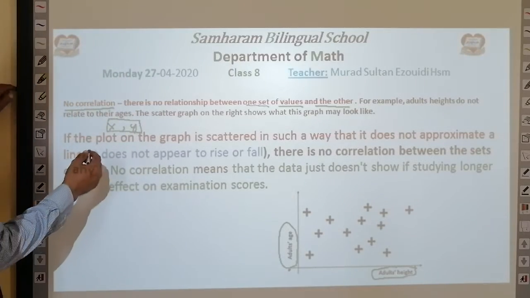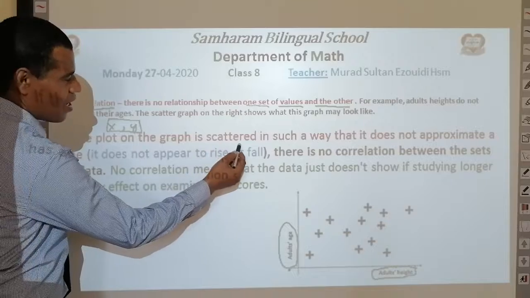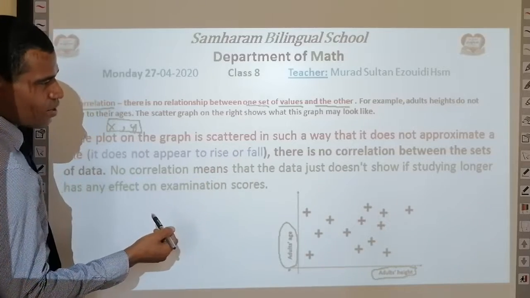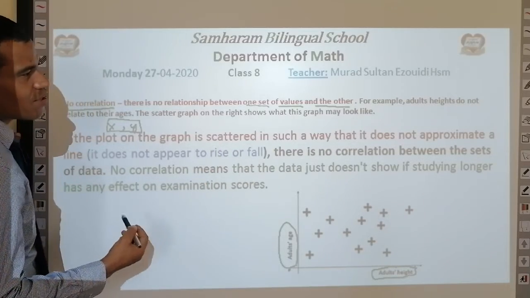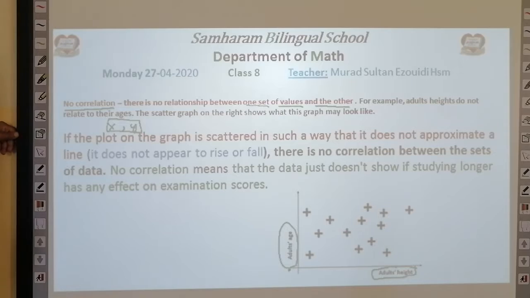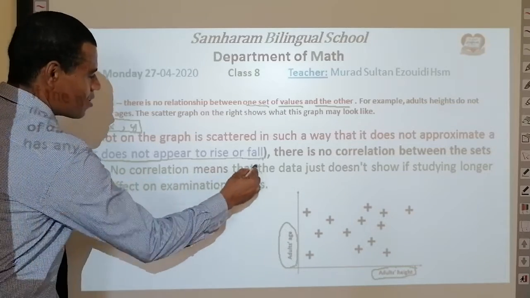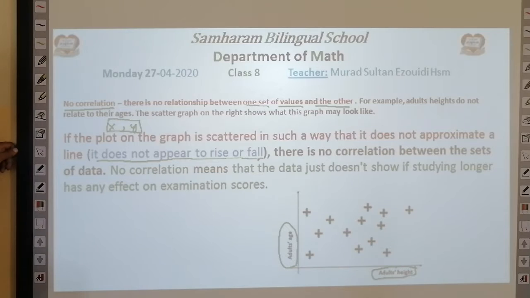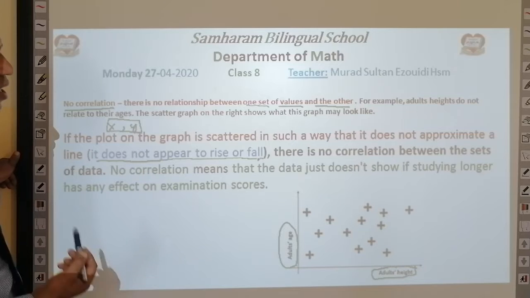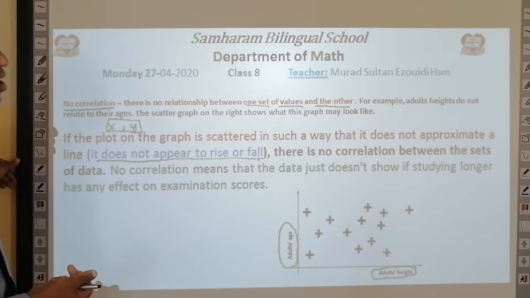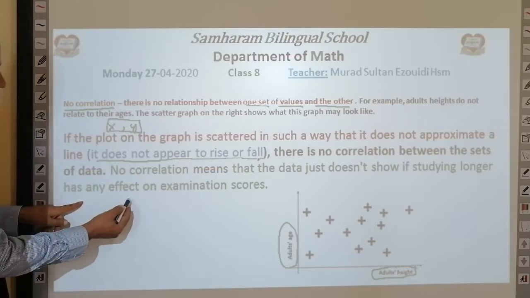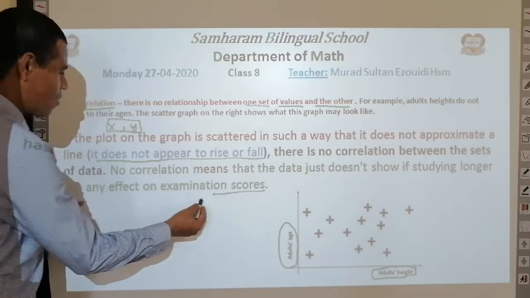If the plotted points on the graph are scattered in such a way that they do not approximate a line, meaning they do not appear to rise or to fall, there is no correlation between the two sets of data. No correlation means that the data just does not show if studying longer has any effect on examination score.